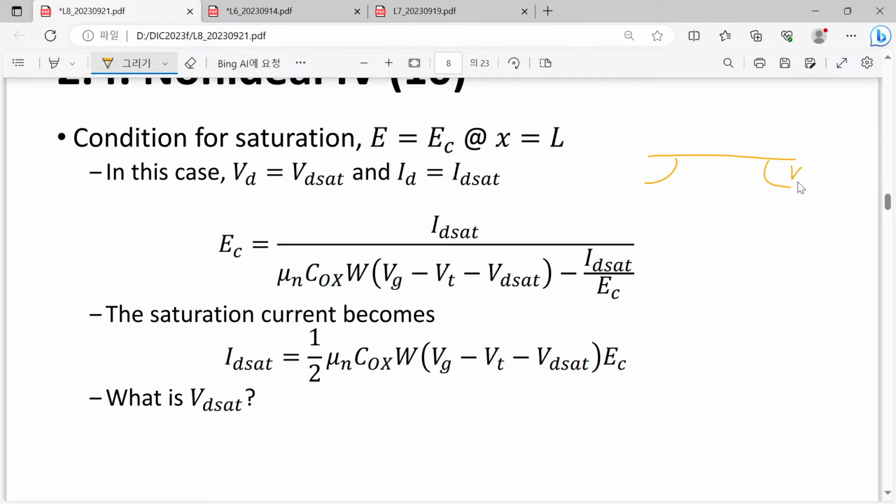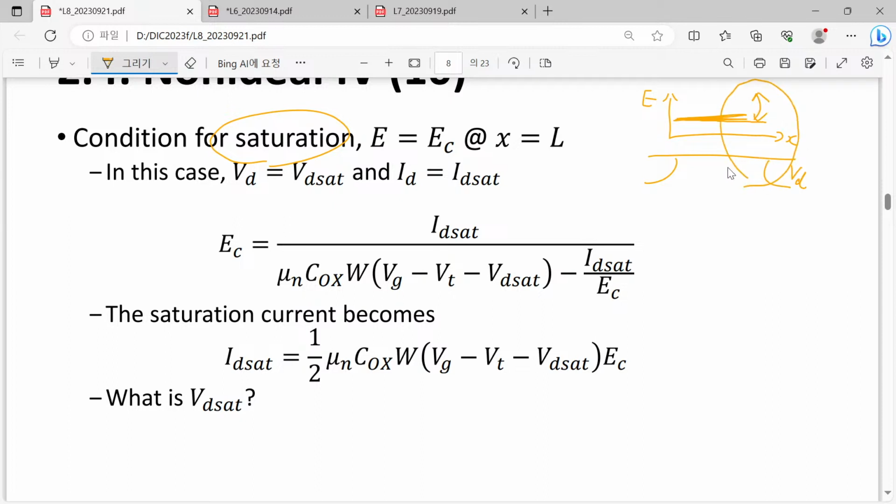When you increase drain voltage, then usually at the beginning your electric field is evenly distributed. So if we plot X and electric field, then the electric field is evenly distributed. However, if you go to the saturation mode, then your electric field is heavily concentrated on the drain end.